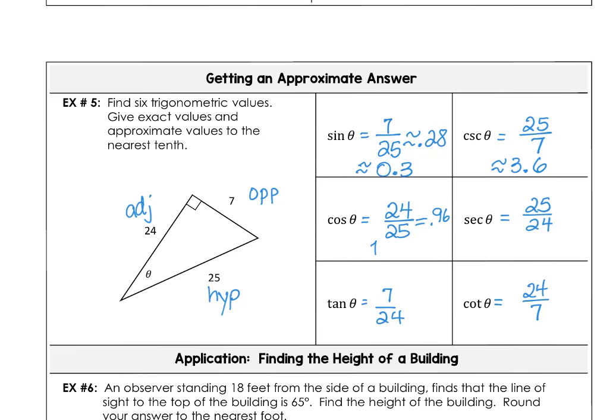So to the nearest tenth, that's about 1. And 25/24 to the nearest tenth is about 1.04. So again, 1. And 7/24 is 0.29, so roughly 0.3. And 24/7 is about 3.42, so 3.4. So we've given an exact value and an approximate value.